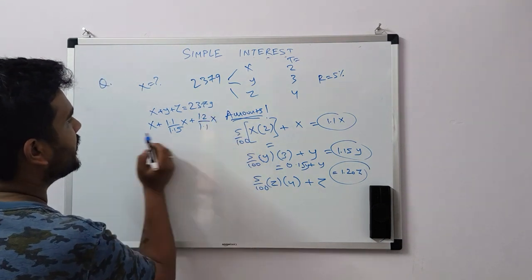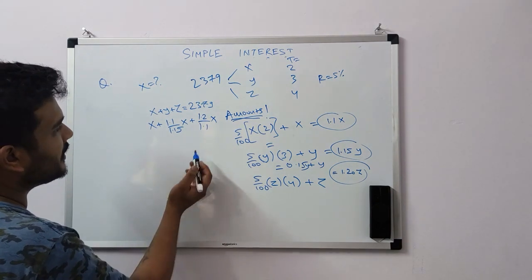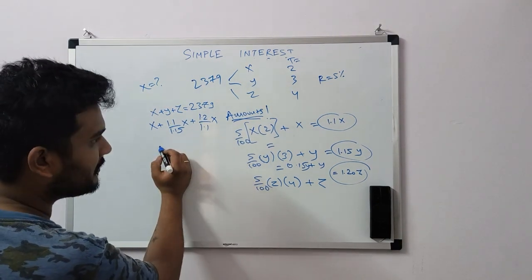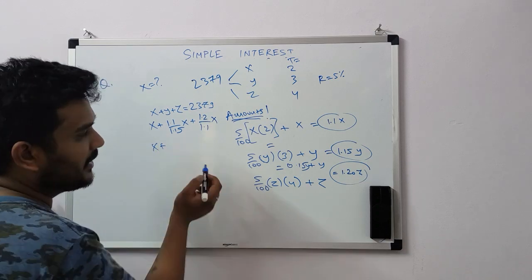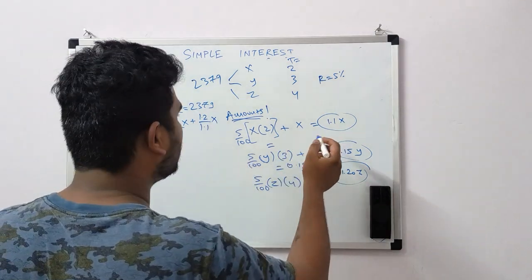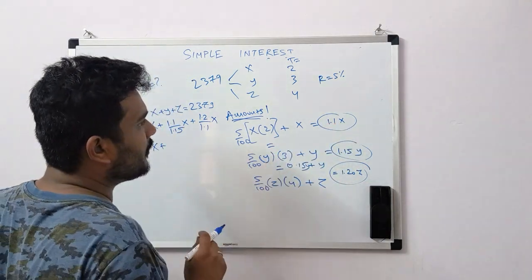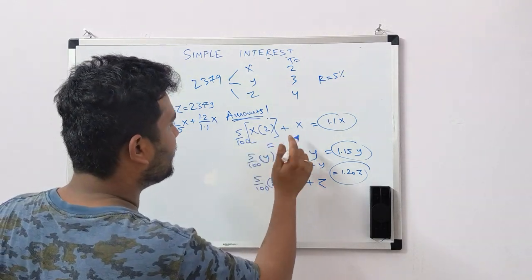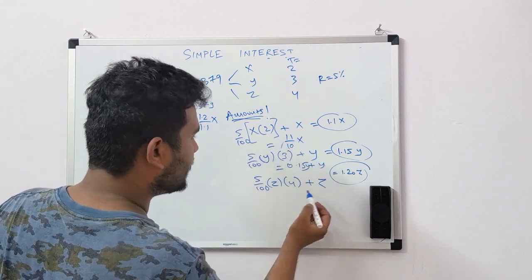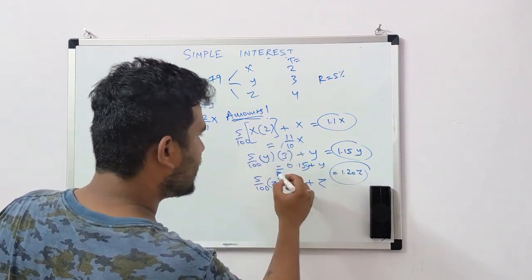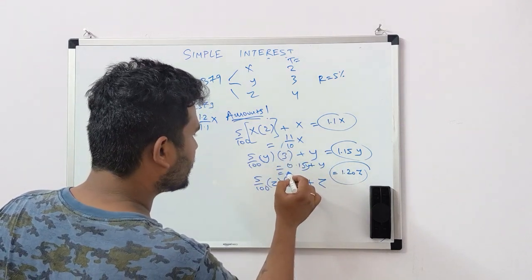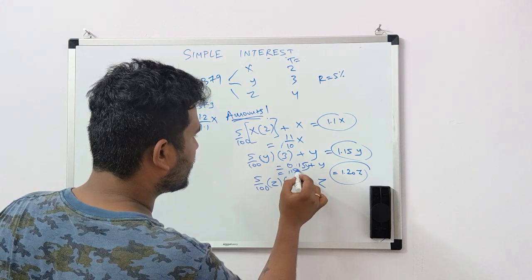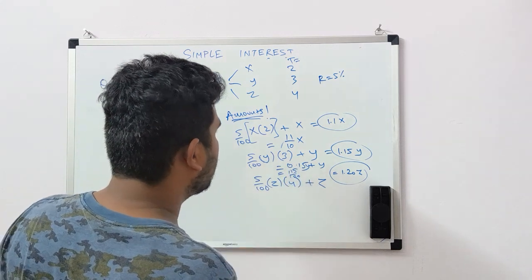This is z. So now we have to get fractions because this will become a little bit complex. So if I look at it in fractions, it was 11 by 10 x. This was 15 by 100, 115 by 100.